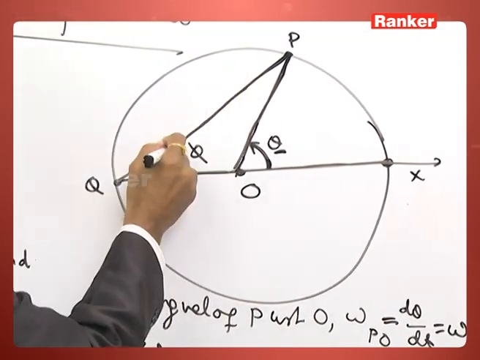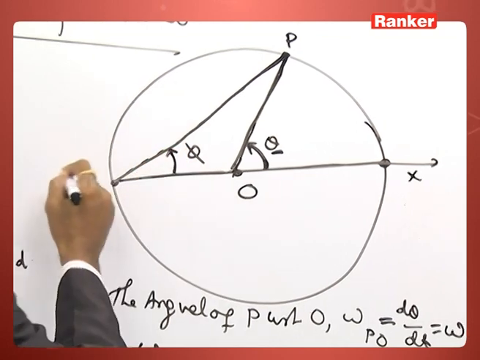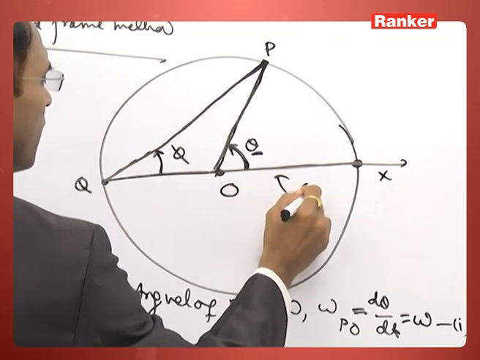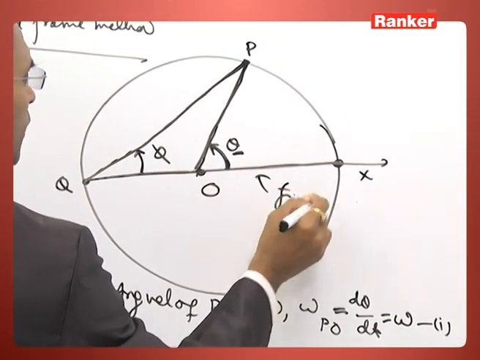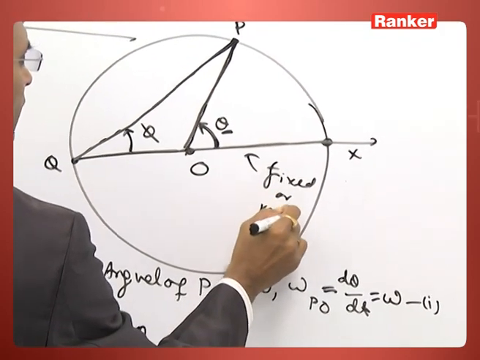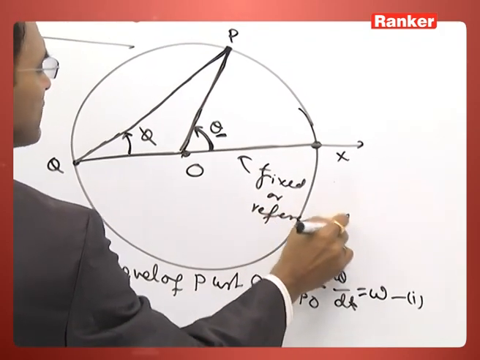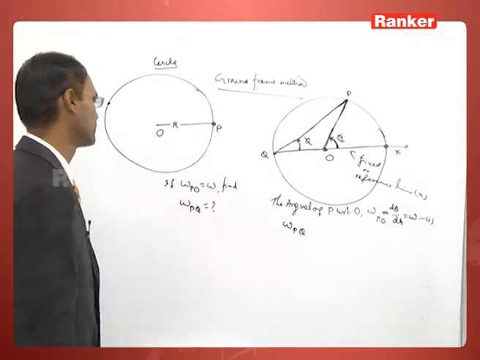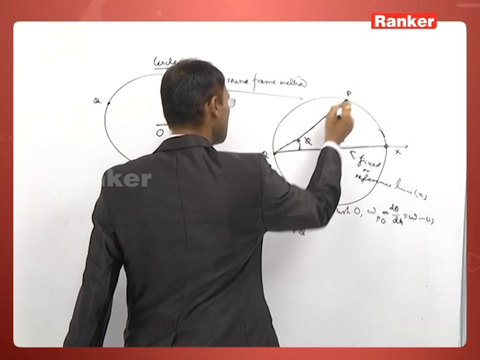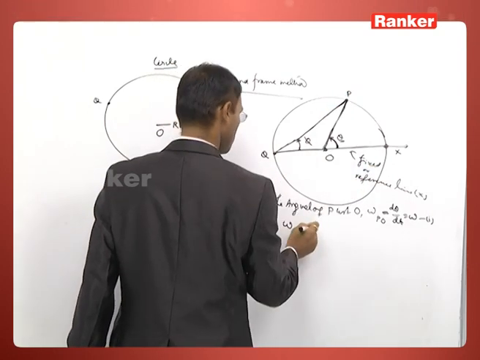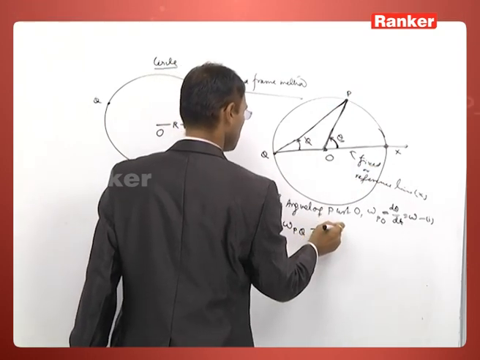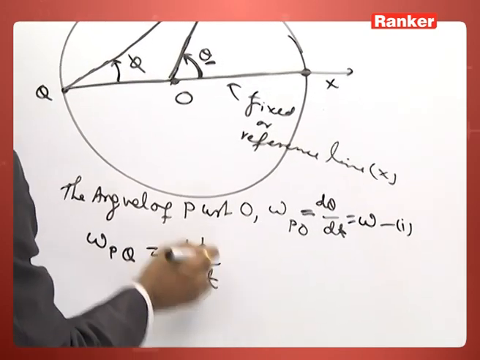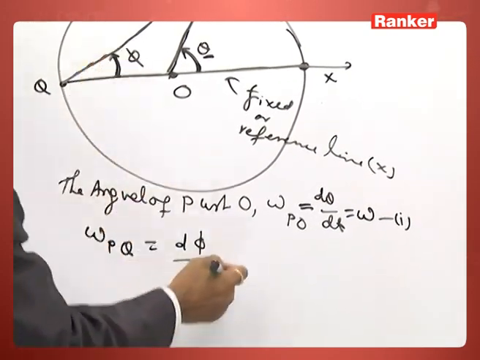The PQ makes an angle phi with respect to the fixed reference line, x-axis. Angular velocity of P with respect to Q is given as the rate of change of this angle with respect to time. This is question number 2.